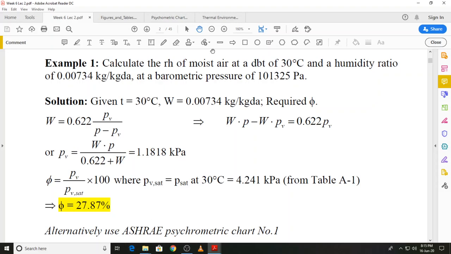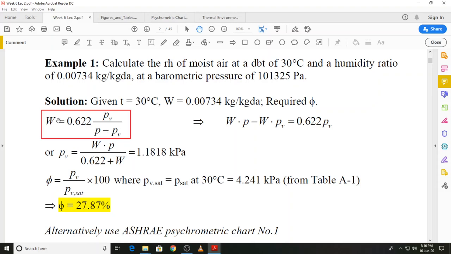And you start with the equation that we had arrived at earlier in the previous class, that is W is equal to 0.622 times PV upon P minus PV. All we have to do is rearrange this equation such that we can find the value of PV in terms of the known parameters, that is humidity ratio and barometric pressure.